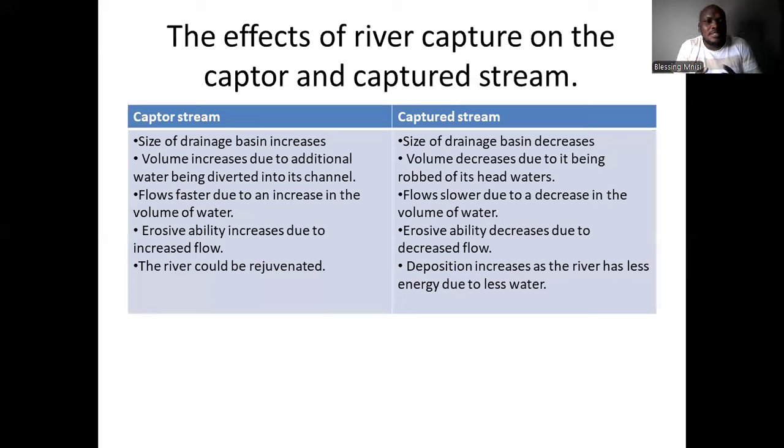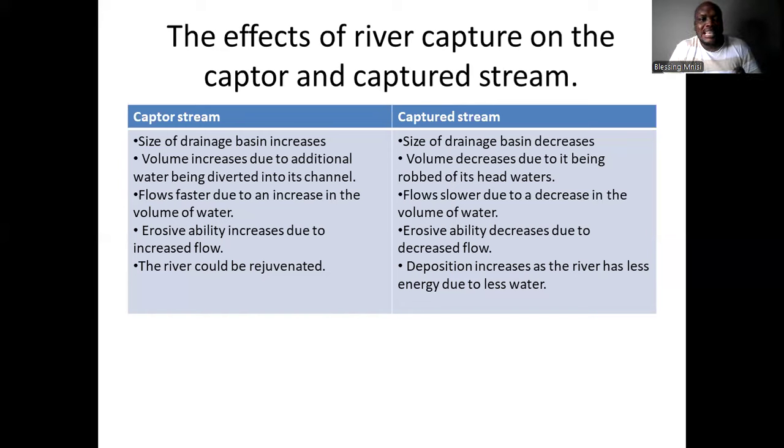Okay, now let's discuss the effect of river capture on the captured stream. What's the effect of river capture? Well, let's start by discussing the capture stream. The size of the drainage basin of the capture stream will increase significantly.